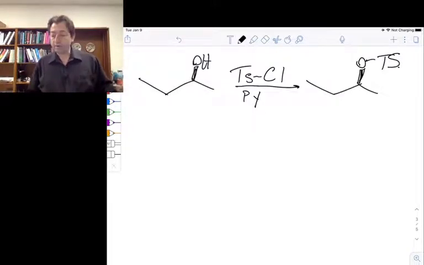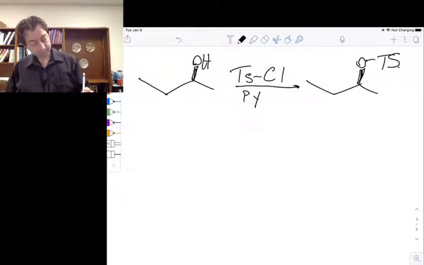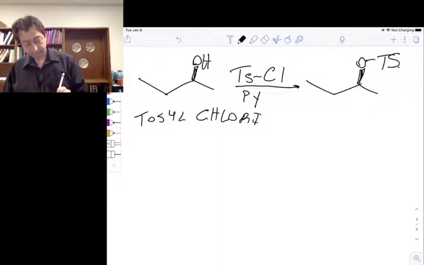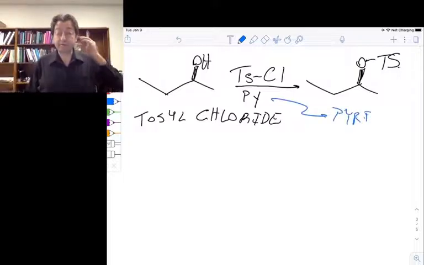So we've got tosyl chloride. And we use pyridine as the solvent for this particular reaction.